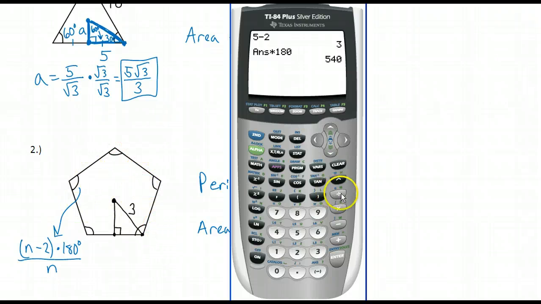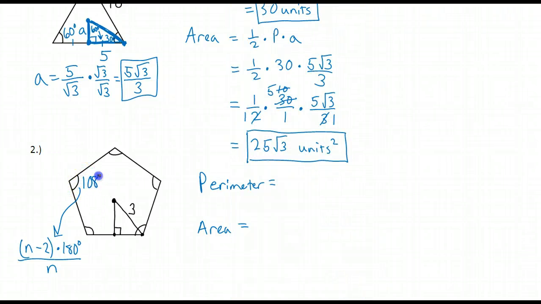And since this is regular, I can divide by 5. And each one of these angles then is worth 108 degrees. So if this angle is 108 degrees, this angle right here is going to be half of that. Half of 108 degrees is 54 degrees.